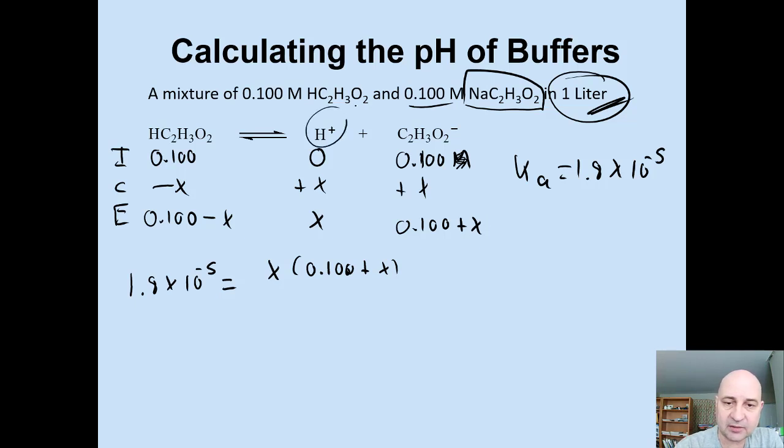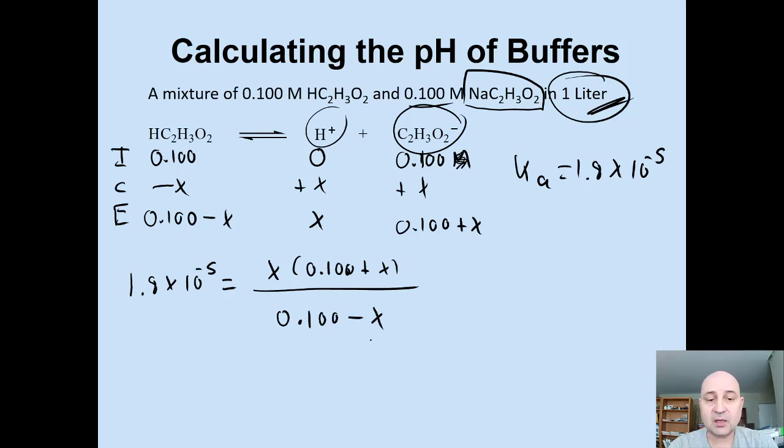The products over reactants divided by 0.100 minus x. We can make the assumption, because this is a weak acid, we have an equilibrium constant that is rather small, plus we have some product already, which will push that equilibrium even more to the left as it dissociates and produces H+, right?